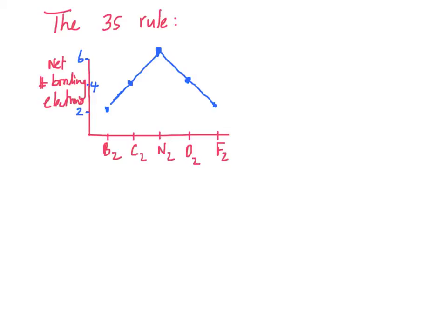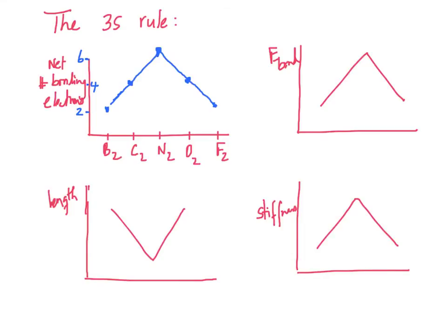So this very simple plot shows the same information we showed in the table up above. The net number of bonding electrons is plotted as a function of the molecule. B2 has 2, C2 has 4, and so forth. And you can see that it peaks at around N2. Now let us make similar plots of the bond energy, the bond length, and the stiffness. And here they are, and you can tell that shorter bonds are indeed stronger and stiffer.